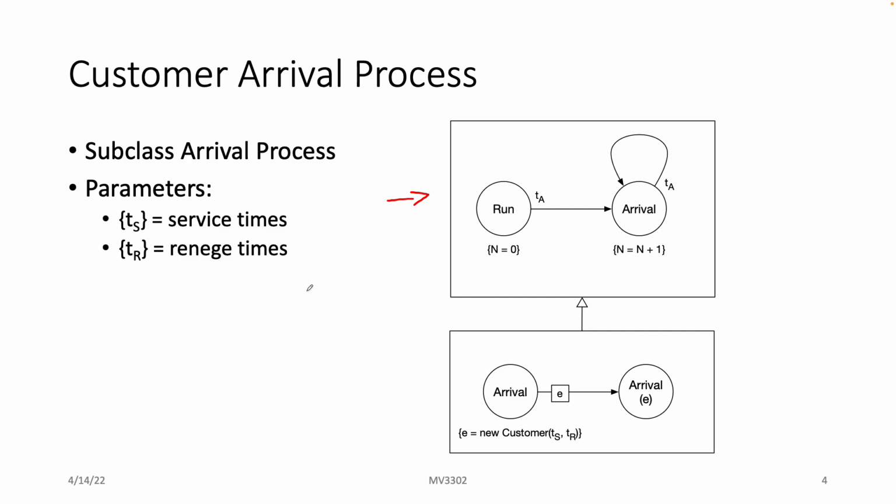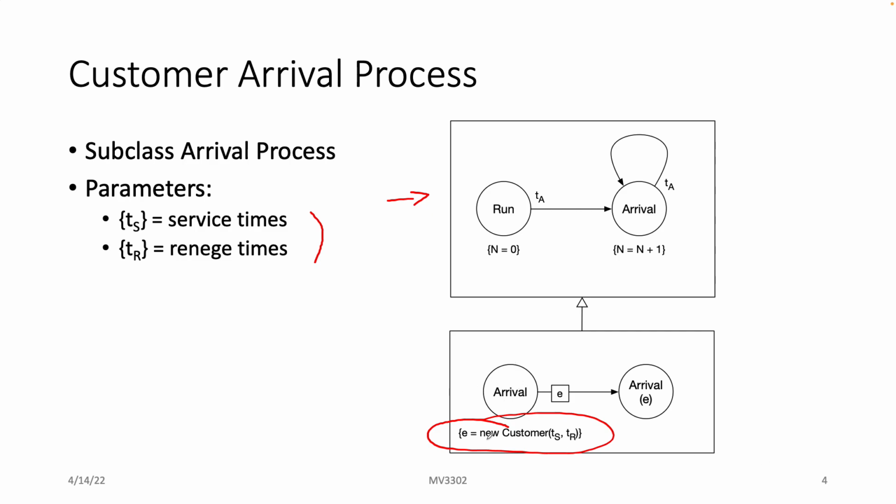But now our subclass needs to have two parameters. One is the sequence of service times, and the other is the sequence of renege times. These were both parameters that were in the previous model, but now we're moving them into this customer arrival process model component. So these were in the server piece, and now they're going to be in the arrival process piece. And they show up right here.